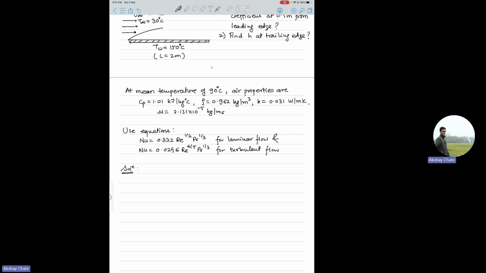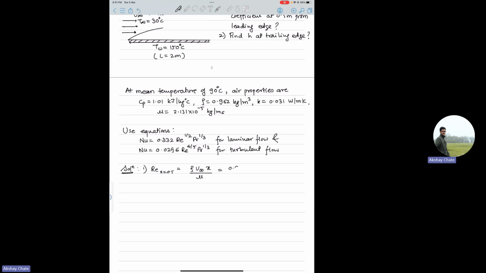So the first thing everywhere is to find the Reynolds number at, let's say, first they are asking about the 0.5 meter mark, right? So for that you need the Reynolds number, that will be rho u into x by mu.